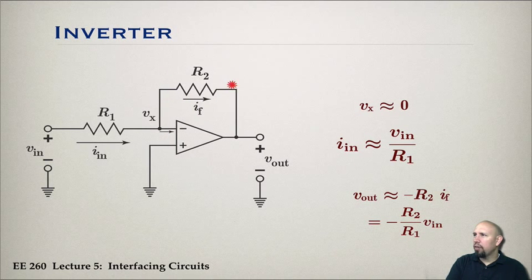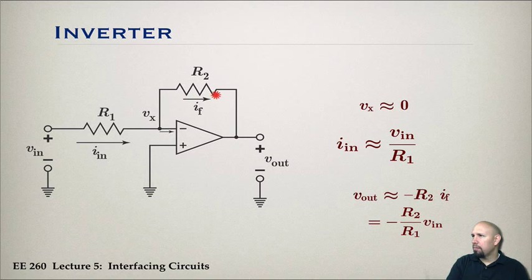So now I know what the voltage across this resistor R2 is. It's R2 times IF, but IF is equal to IN. So the voltage across this is R2 times IF, going in this direction. Now this voltage here is actually the negative of Vout.